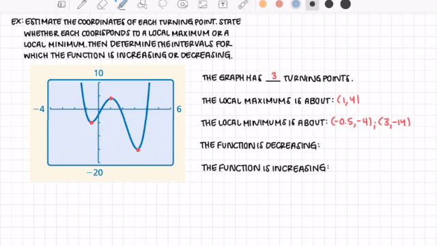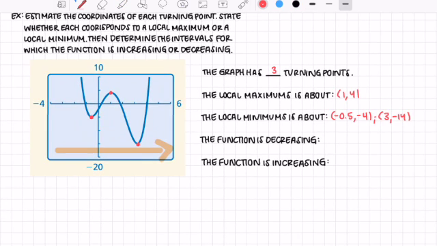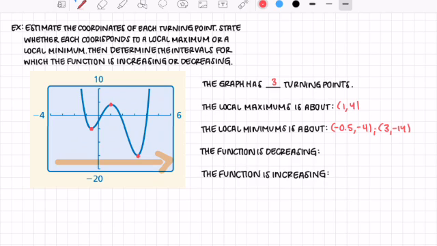Now, if you're determining whether a function is decreasing or increasing, again, you're going to move left to right. It's always good to know that you're moving from the left side of the x-axis to the right side. So for the ordered pairs that I have, I'm just going to label them for now to make it easier.